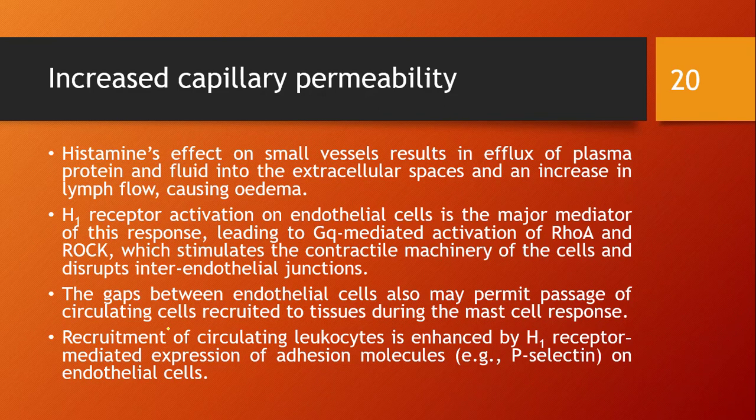The recruitment of circulating leukocytes is enhanced by the H1 receptor mediated expression of adhesion molecules. An example is the P-selectins on the endothelial cells. We have studied the rolling, adhesion and diapedesis, the emigration process, and in that, the H1 receptor actually causes an increase in expression of the adhesion molecule, which is P-selectin.